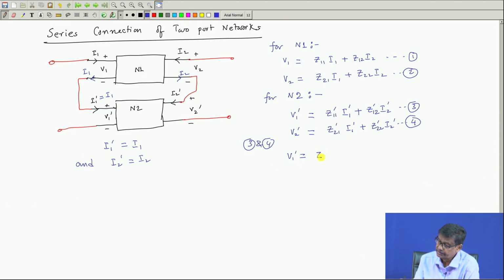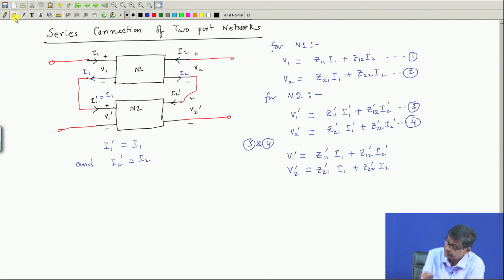It is nothing but Z11 dashed I1 plus Z12 dashed into I2 dashed, and the fourth equation, that is this one, will then be Z21 dashed I1 plus Z22 dashed into I2. I am sorry, this dash goes because I am using this relation. So, this is 5 and 6, same as the 3 and 4 equations, with this knowledge.